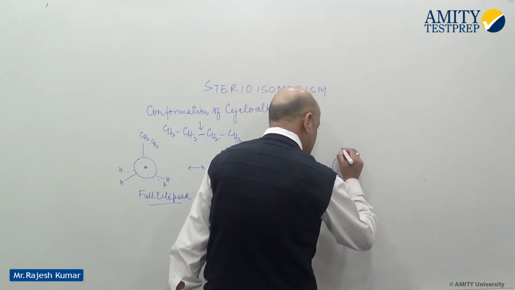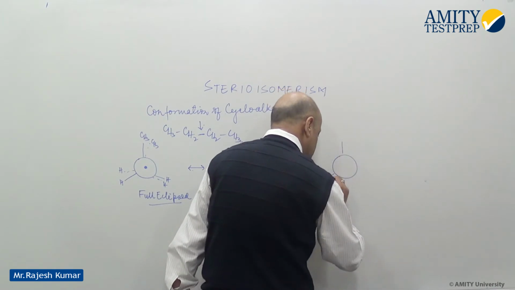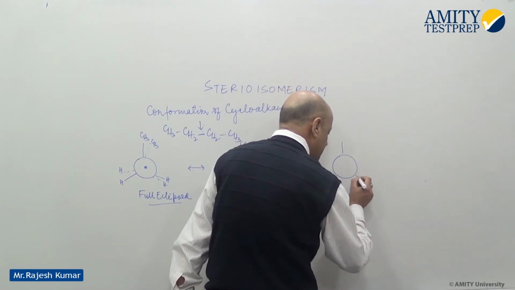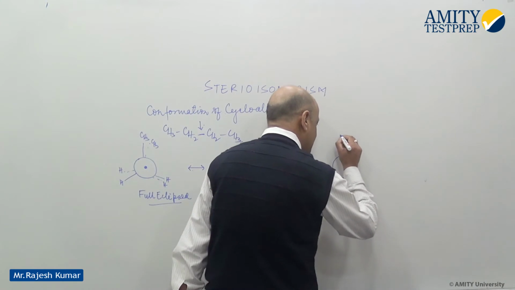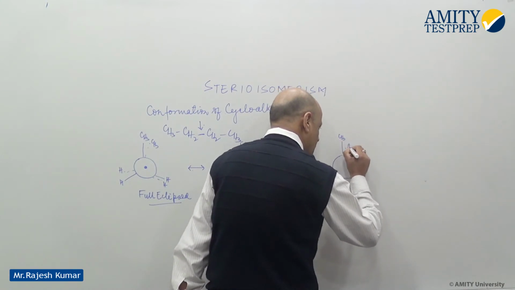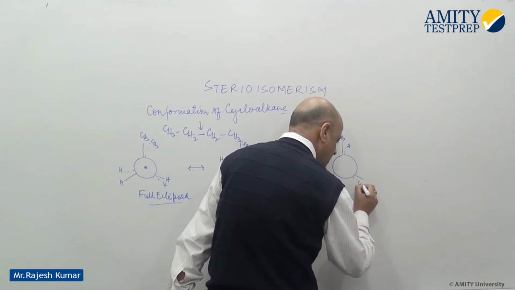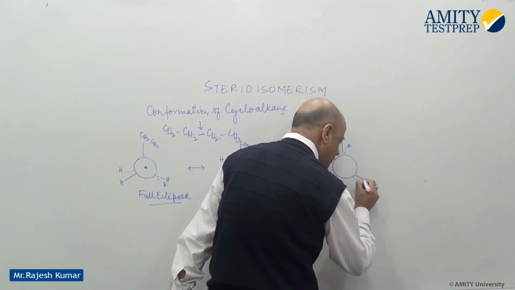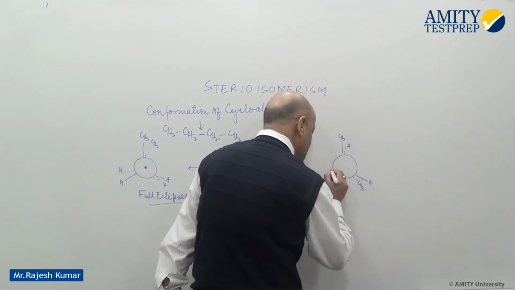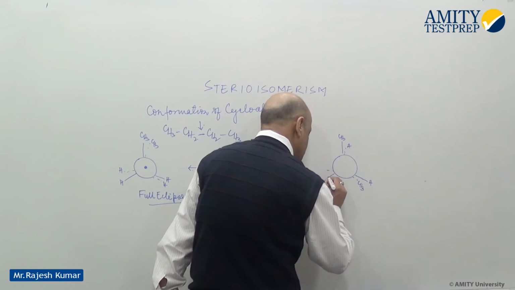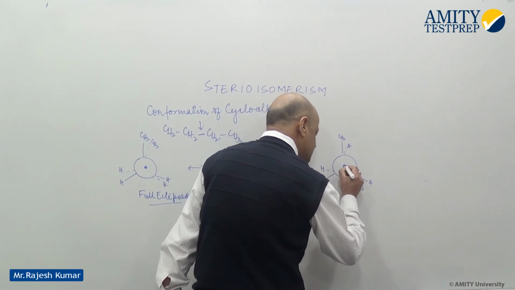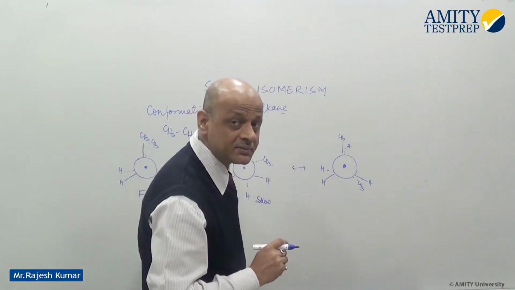Due to repulsion, all the groups repel each other, and this time again one bulky group and one smaller group are superimposed. This condition is called the eclipse condition.